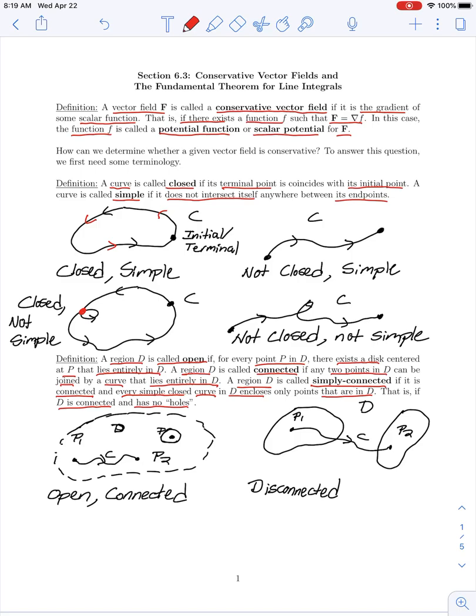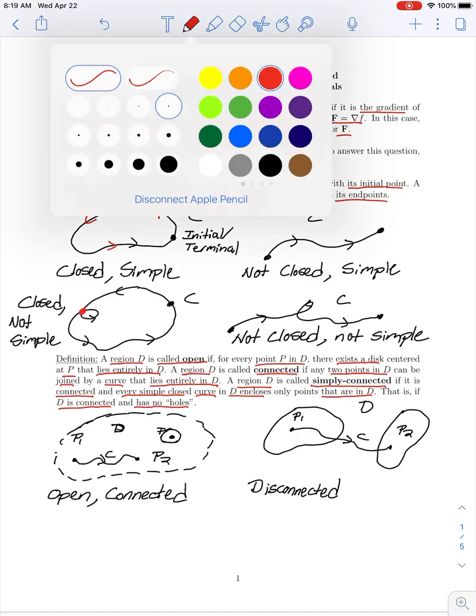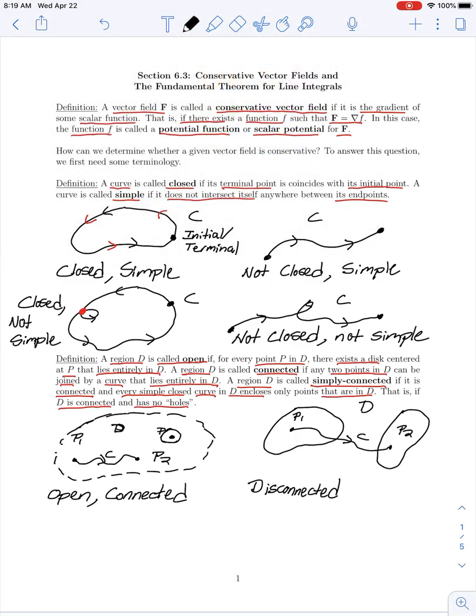So this first example that we had illustrated is a connected set and there are no holes within this set. So we would also say that this is simply connected.